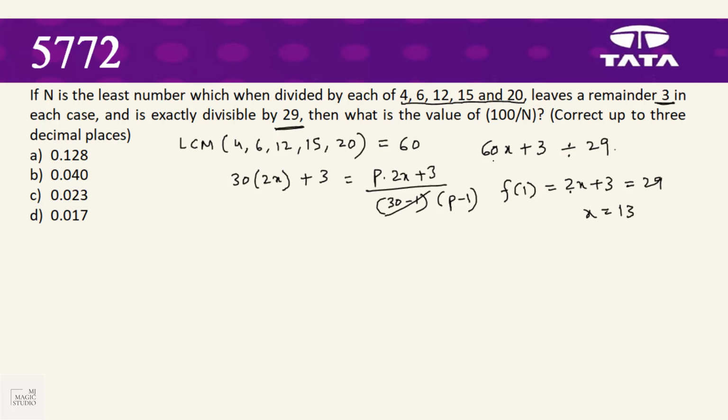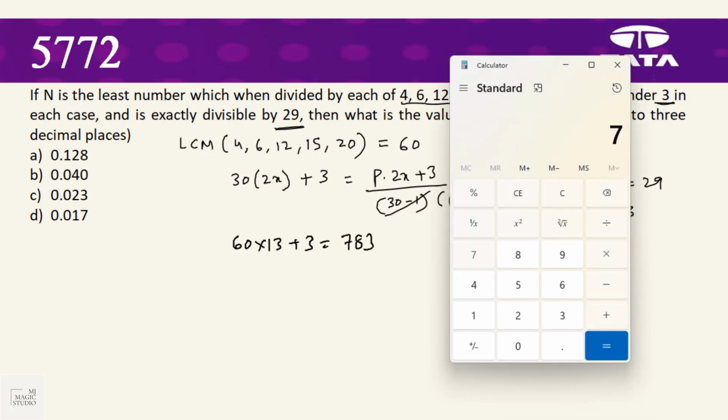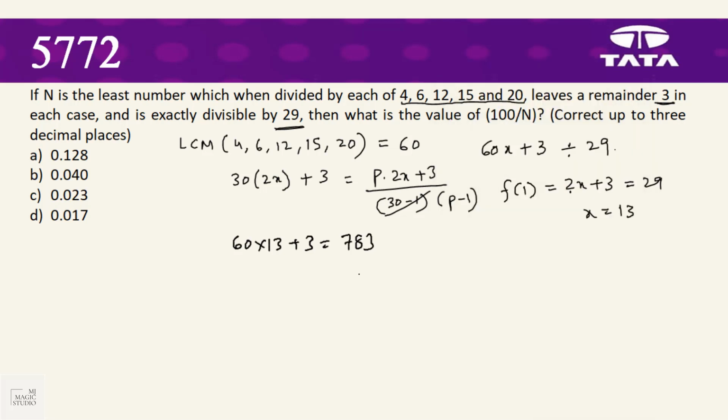So if we put x equal to 13, what do we get? 60 into 13 plus 3, that is 783, which should be divisible by 29. 783 when divided by 29, yes, it is divisible by 29. So the value of n which we are looking for is 783.